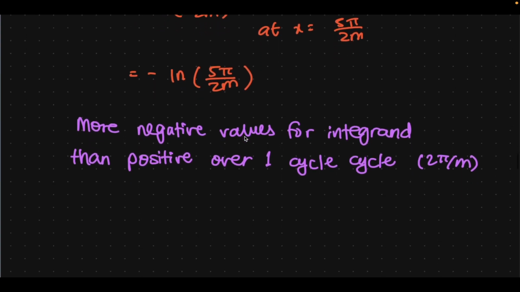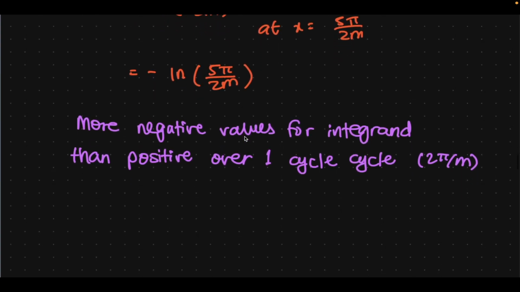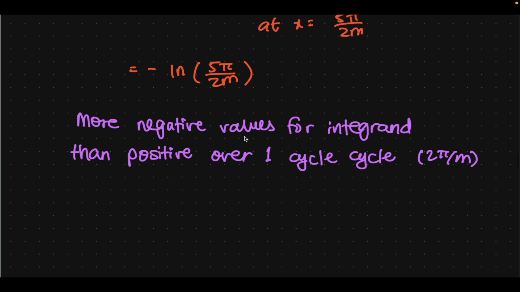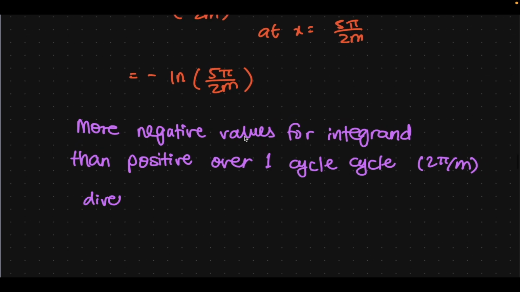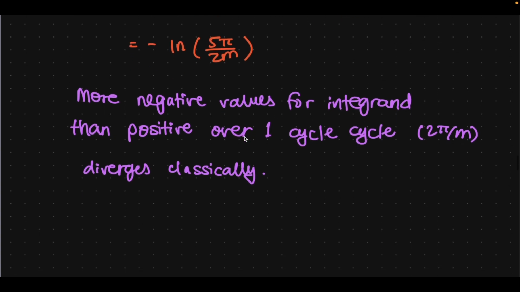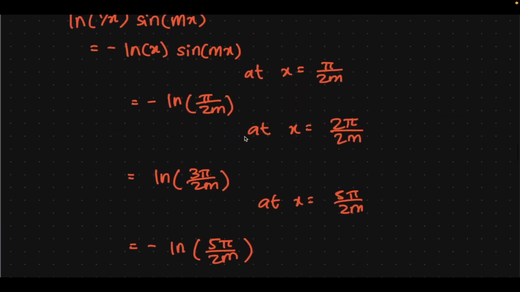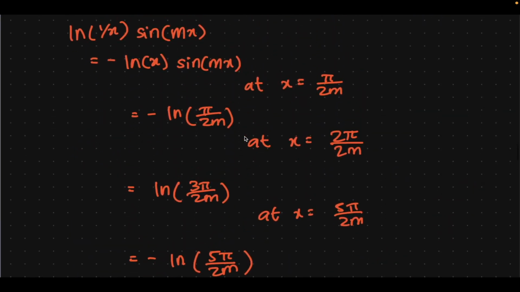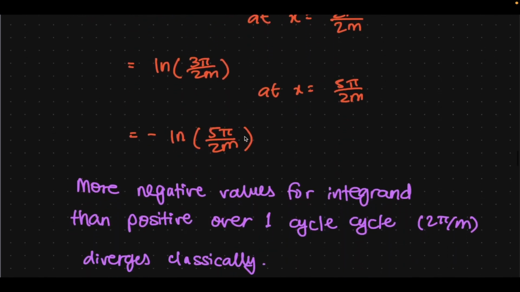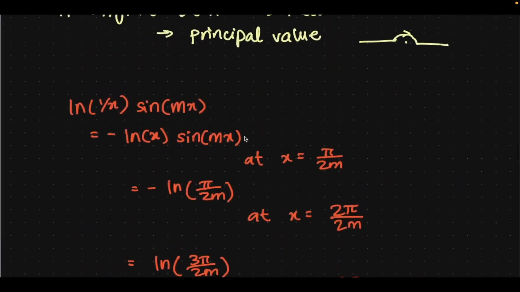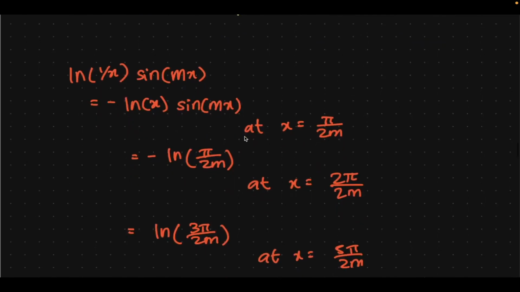This is always going to repeat, because sine is a periodic function, so this diverges classically, because the lower bound keeps getting lower and lower until minus infinity. We can use a similar argument for the cosine, because sine and cosine are basically a shift by pi over 2. I hope this gives you an idea about this.